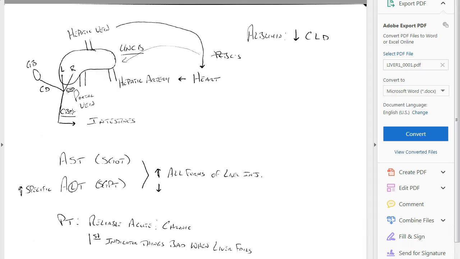So hopefully you don't ever get a pregnant kid that comes to see you, because Alk-Phos is going to really be sky high. You're going to have a tough time trying to figure out, where is this coming from? Is there something going on with the liver, or is it just because we got a baby on board and we're still growing? Hopefully that's not the case.